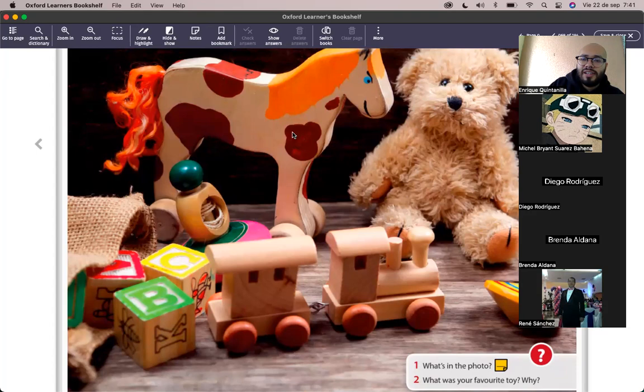In this picture, my favorite toy is the teddy bear. All right, perfect. When I was a child, my favorite toy was a trompo, the Mexican trompo. I played a lot with the Mexican trompo. I didn't like teddy bears or stuffed animals.